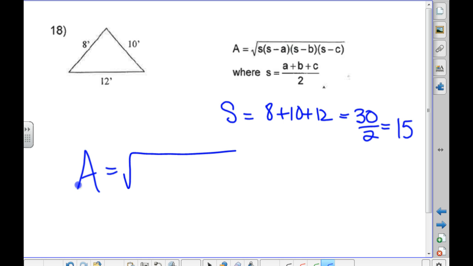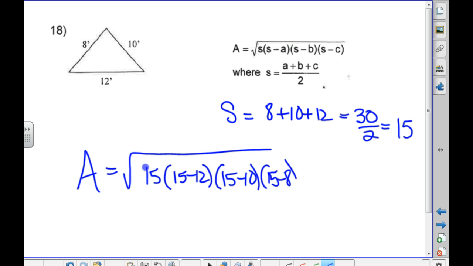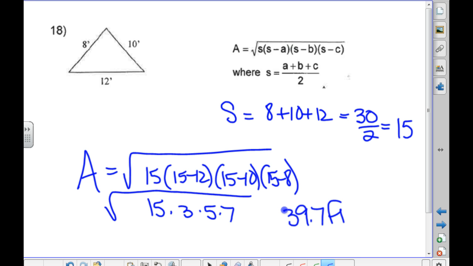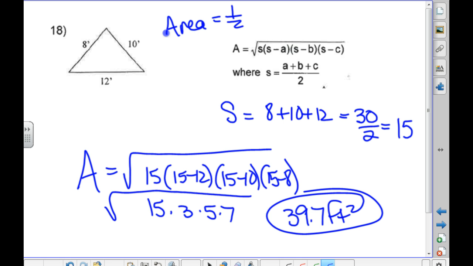The area of that triangle then is the square root of 15 times 15 minus 12 times 15 minus 10 times 15 minus 8. So it's 15 times 3 times 5 times 7 and square root of all that. 39.7, anybody? Okay. We could have used law of cosines to find one of the angles first, and then used my favorite, 1/2 AB sine C.